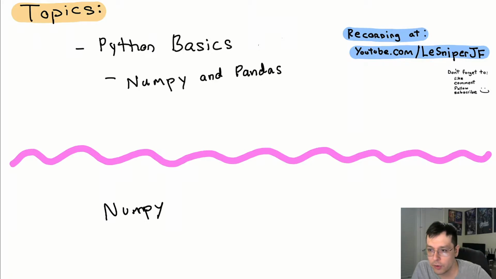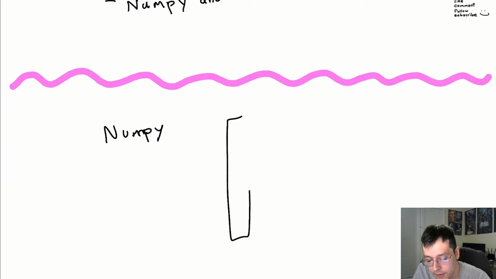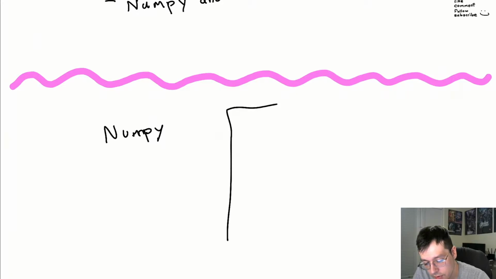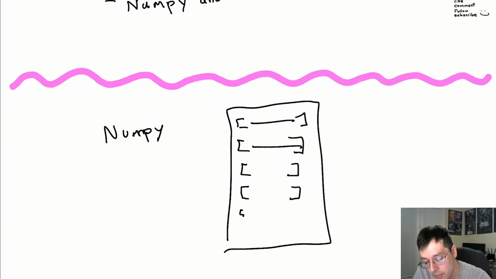So for a 2D, when you're trying to make something two-dimensional, so you have rows and columns, what you're really doing is making a list, and inside of this list are other lists. So you have a list of lists, and each of those lists represents a row amongst your data set, right?